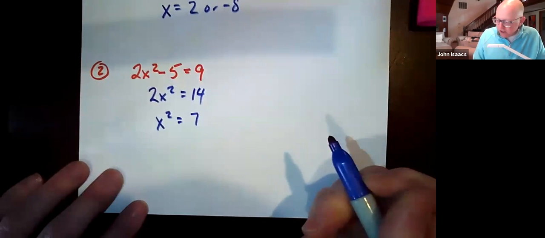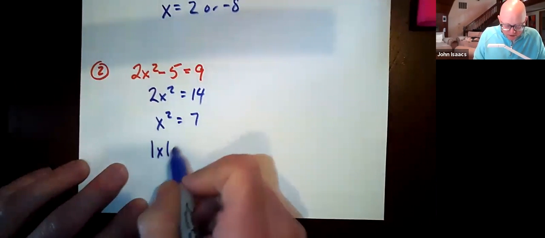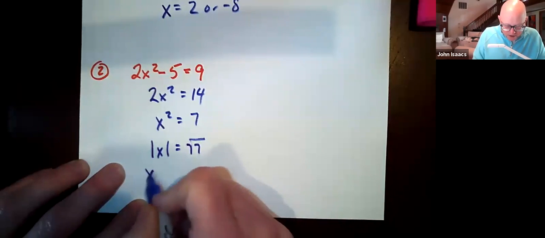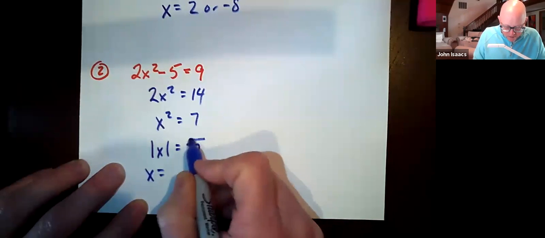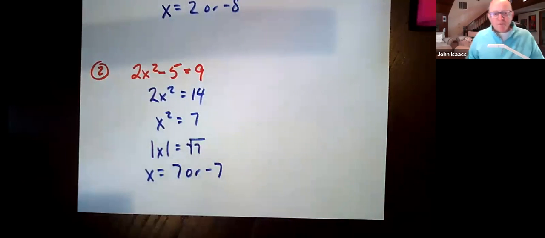We're going to take the square root of both sides. So absolute value of x equals the square root of 7. So x equals root 7 or negative root 7.